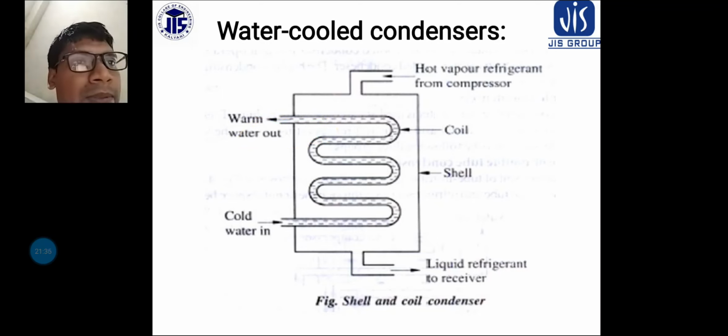So the hot vapor refrigerant coming from the compressor comes into contact with this coil and releases its latent heat here, and after that at the outlet the liquid refrigerant comes out and is kept in the receiver. So this is the working principle of how it operates.